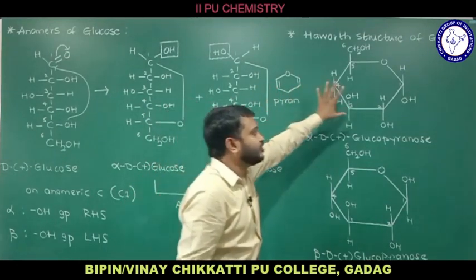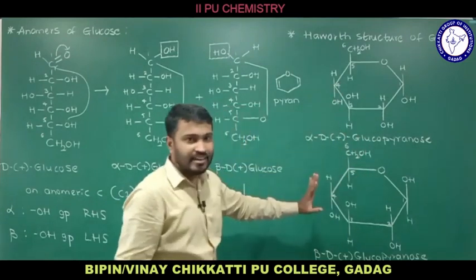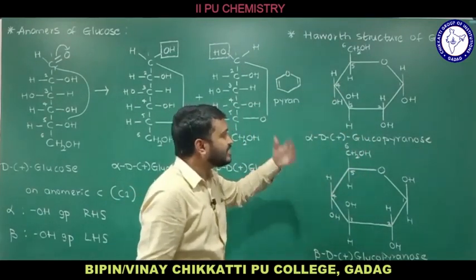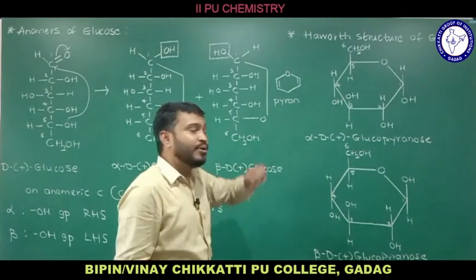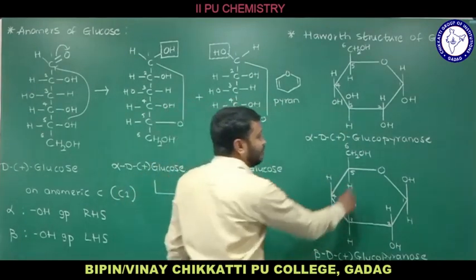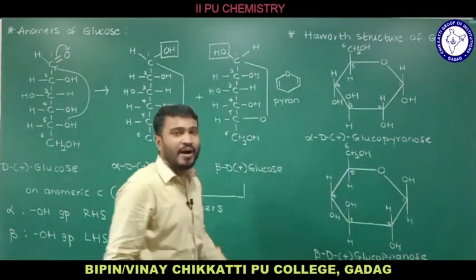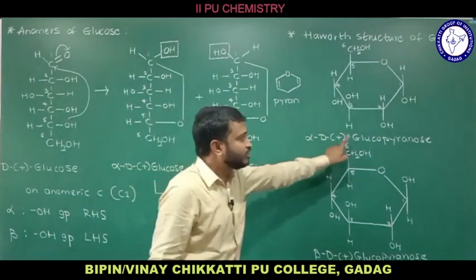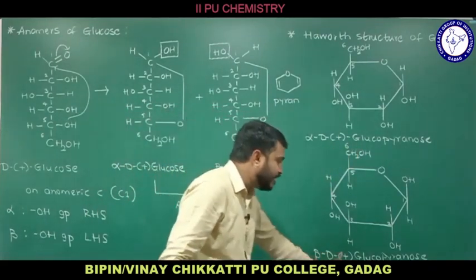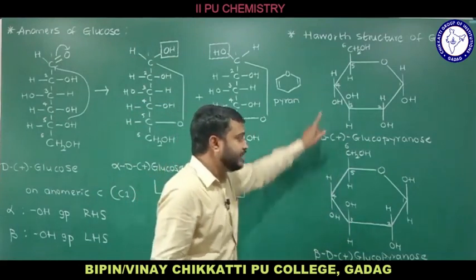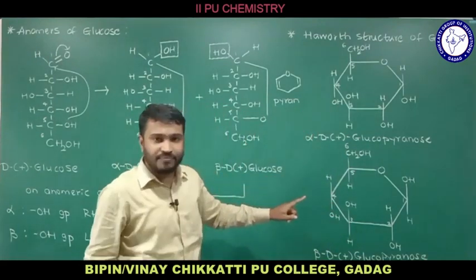If you look at the skeleton, these two are the same as the structure of pyran, and because of this reason we end the word with glucopyranose. So alpha D plus glucopyranose and beta D plus glucopyranose, these two are anomers, isn't it?